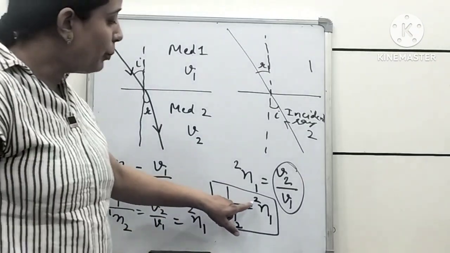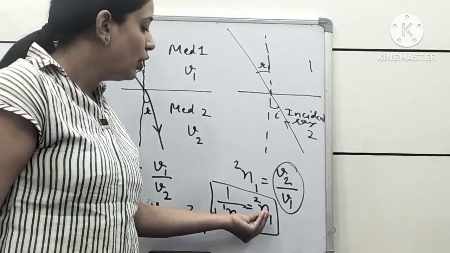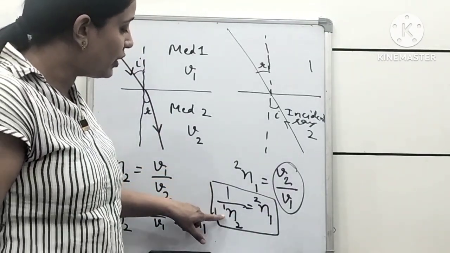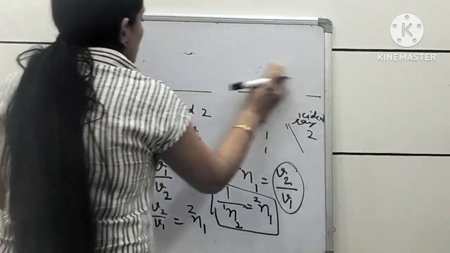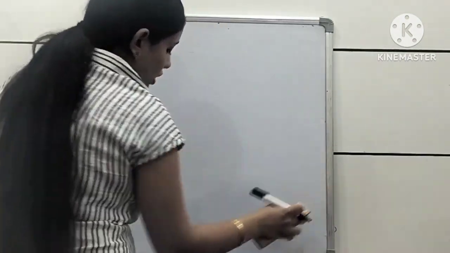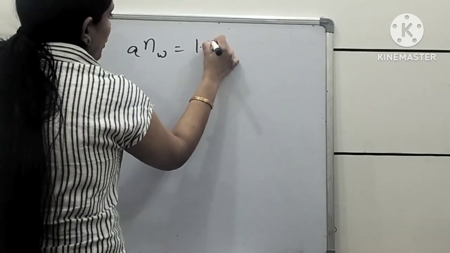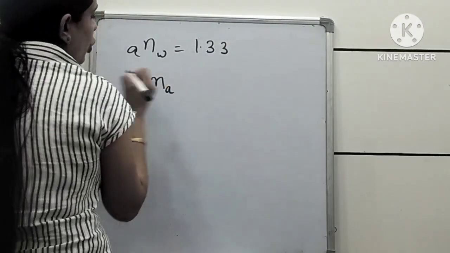When the light goes from medium 2 to 1, let us consider the refractive index n21. But when the light goes from medium 1 to 2, then the refractive index is the reciprocal. For example, if we are given that the refractive index of light when it goes from air to water is 1.33, then what is the refractive index when light goes from water to air?